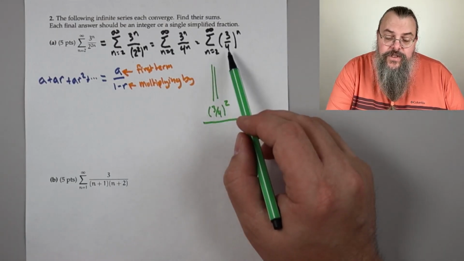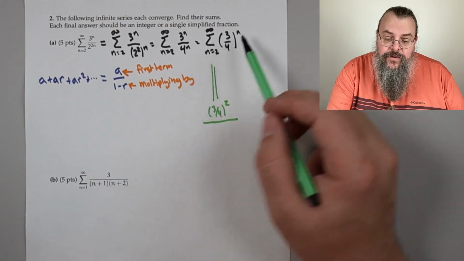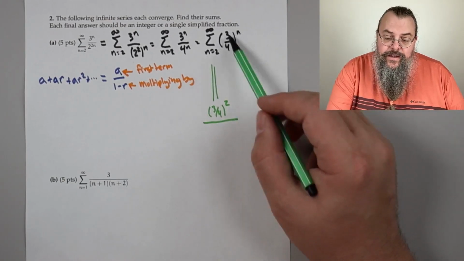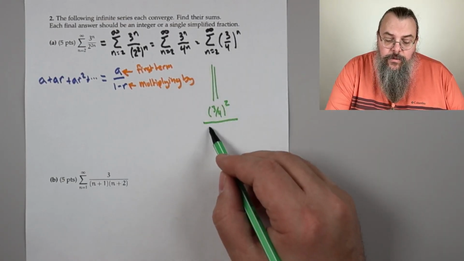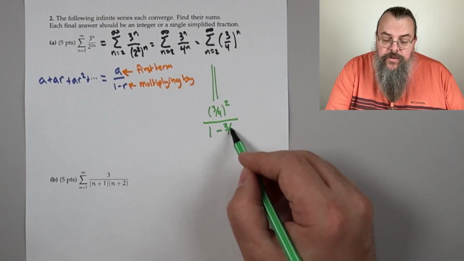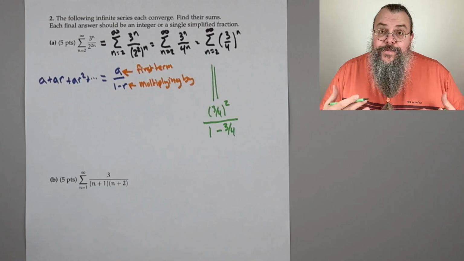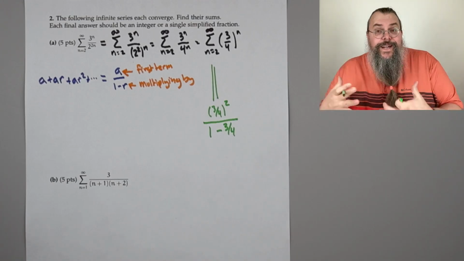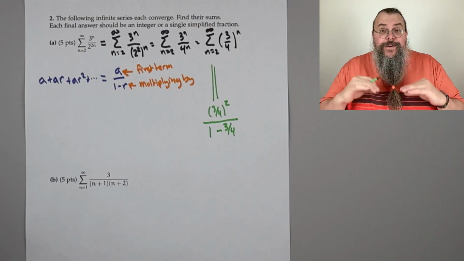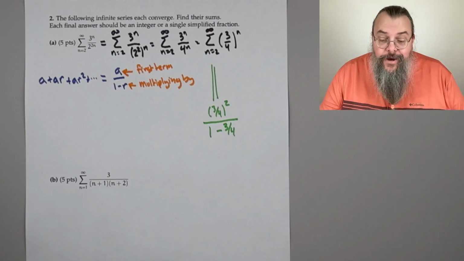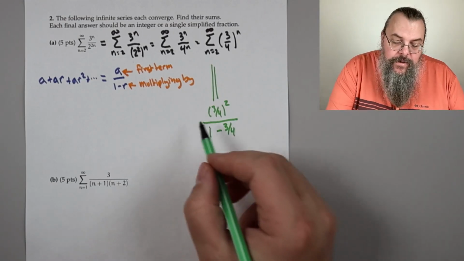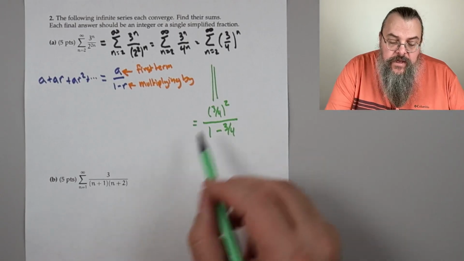Well, at every stage, we're multiplying by 3/4 because it's (3/4) to the n. So that's our r to the n. So 1 minus 3/4. All right, well, we found the sum. So we're going to get a lot of points, but we haven't simplified, so we're not going to get all the points, not yet. But that's all right, we have time.